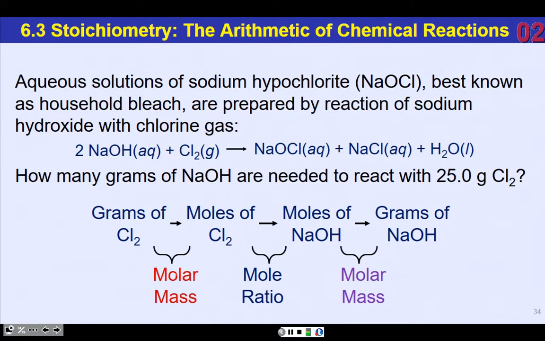So what we're looking for is, given a certain amount of chlorine, that would be our substance A from the previous slide, how much sodium hydroxide is going to be required to go with it. So we're going to think in terms of A and B from the previous example and use molar mass, a mole ratio, and another molar mass to determine the number of grams of sodium hydroxide required.